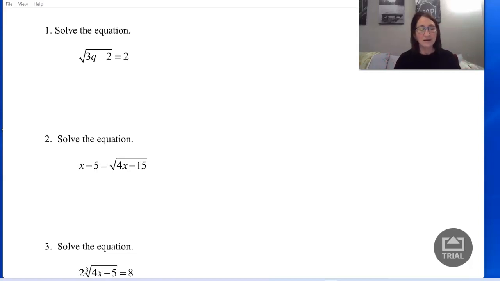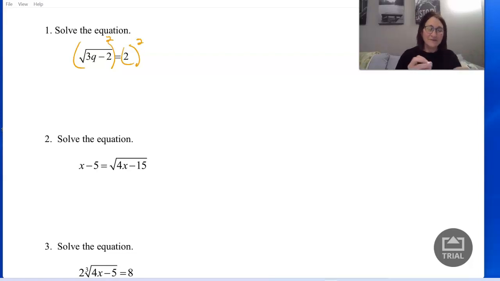Here we've got the square root of 3q minus 2 equals 2. So our implied index is 2. That means I am going to raise both sides of my equation to the power of 2, because that equals my index.